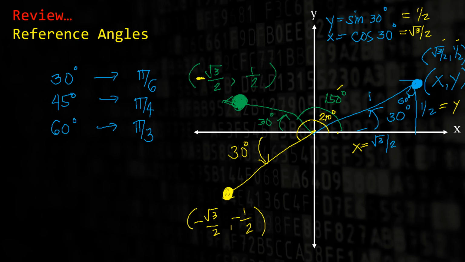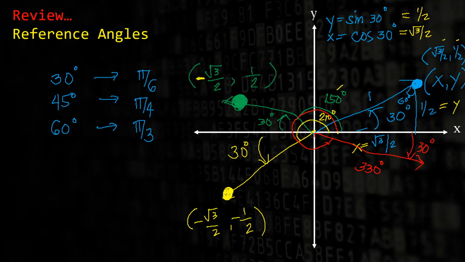Okay, let's move to quadrant 4 of the same reference angle. There you go, so you have 30 degrees here. 360 minus 30 degrees will give us 330 degrees. This 330 degrees angle also has the same reference angle, which is 30 degrees.